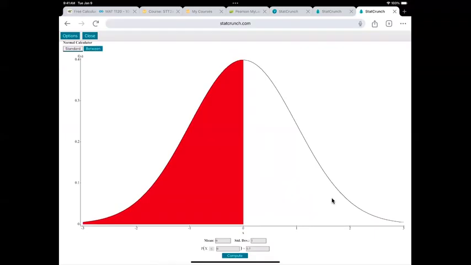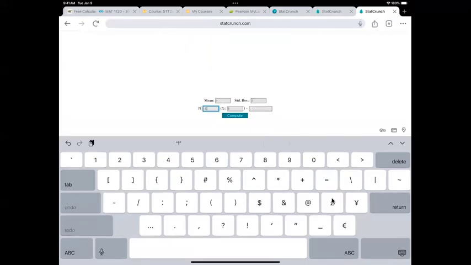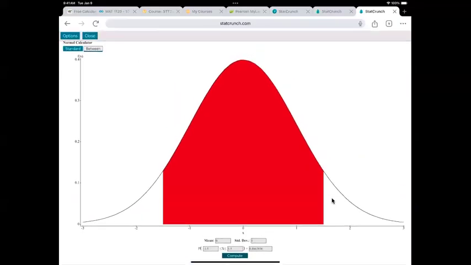We are looking for the area between negative 1.5 and 1.5, so let's choose Between, put negative 1.5 here, and then 1.5 here. And then we hit Compute.